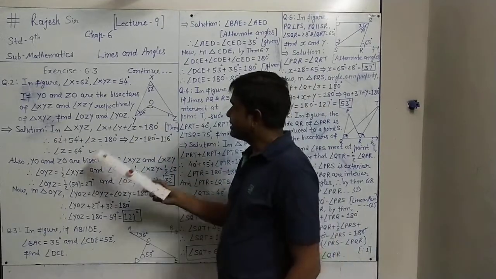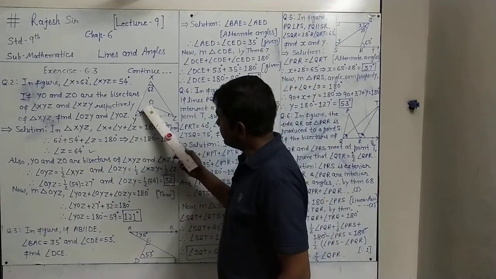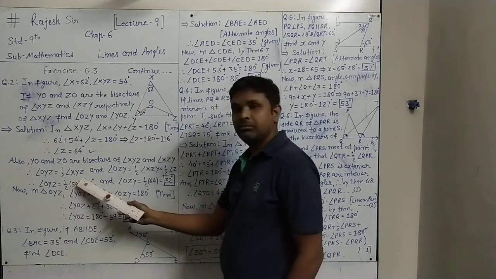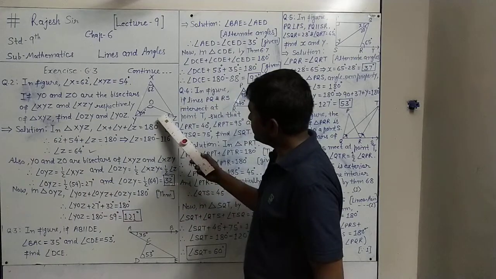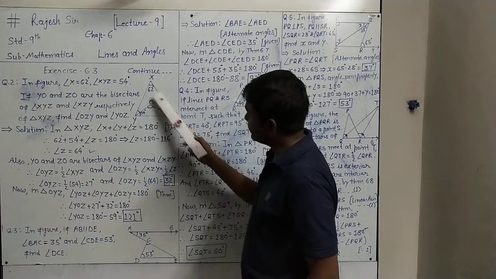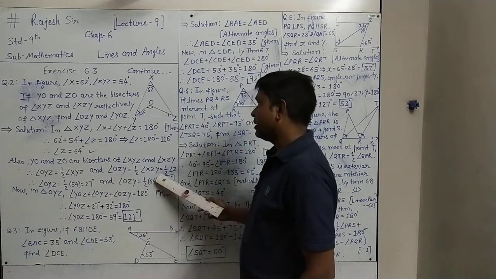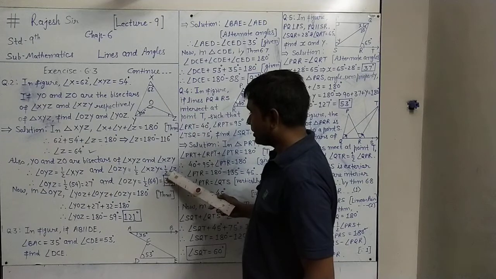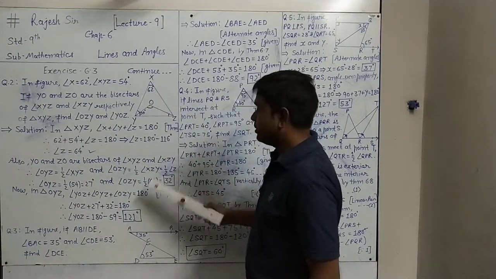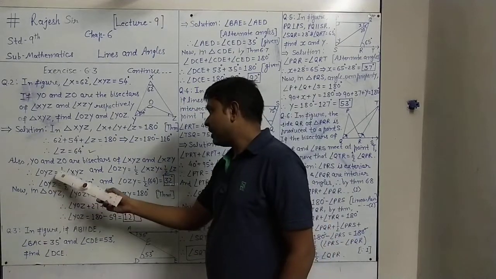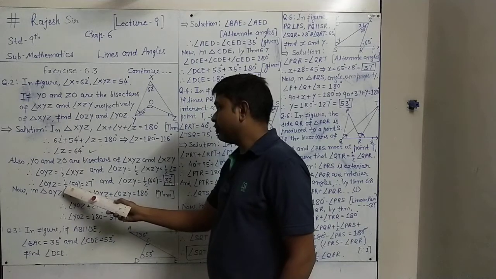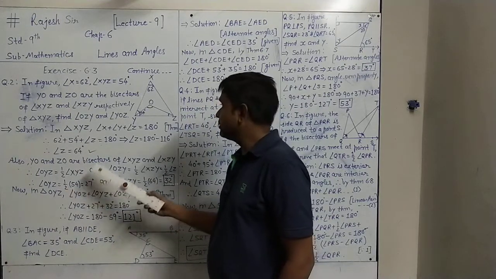So angle OYZ will be half of angle XYZ, and similarly angle OZY will be half of the full angle XZY, which is actually angle Z of triangle XYZ. So angle OYZ is half of 54, that is 27 degrees.